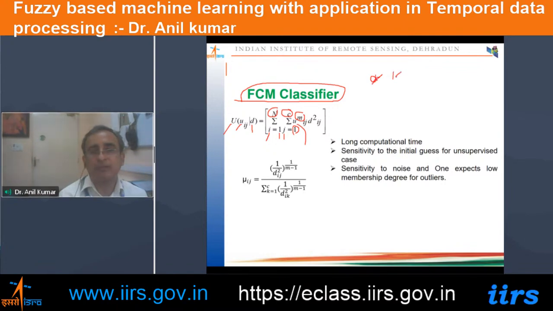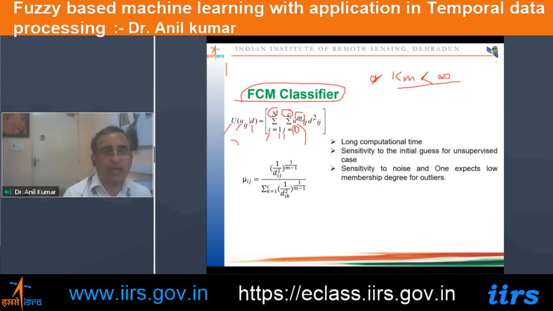M value should be more than 1, and it goes up to infinity. The role of M is that it controls the fuzziness. The higher the M, the higher the fuzziness you can see in your output.